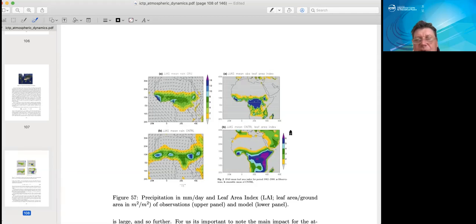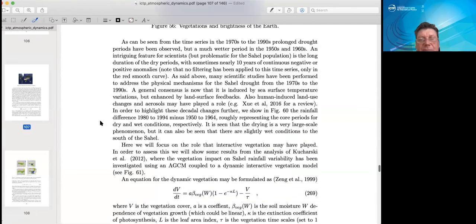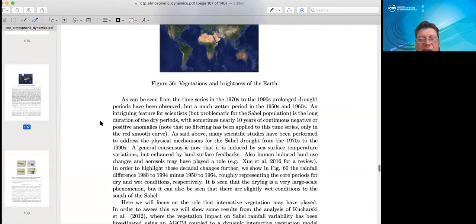The leaves of the trees overlap, so they can have much more area of leaves if you put them one next to each other than the ground surface per square meter. So very dense forests can have a lot of leaf area if you were distributing them separately. And again, you can see that this is consistent with the Sahel, where we have this transition. So this leaf area is sometimes used as a quantity that we can use instead of vegetation cover, for example.